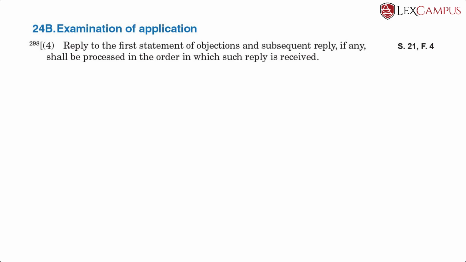So again, the pace of prosecution is determined by the action of the applicant. If the applicant moves quickly, the prosecution is likely to move faster. If the applicant moves slowly, then the prosecution will move in the order in which the reply was received. So again, the burden of moving the prosecution quickly is partly shifted on the applicant.